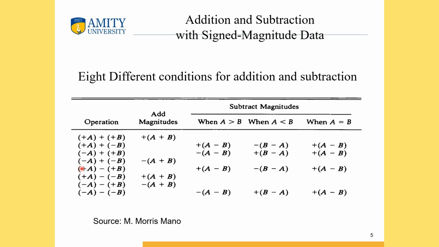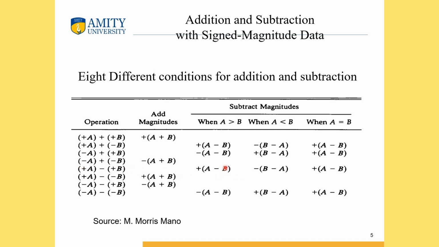If they both are negative, this means it is minus A minus B if you simplify it. So the sign will be negative and it is the summation of both the values, A plus B. If both have the same signs but subtraction is taking place, we have 3 cases again, and this is also the same as A minus B.